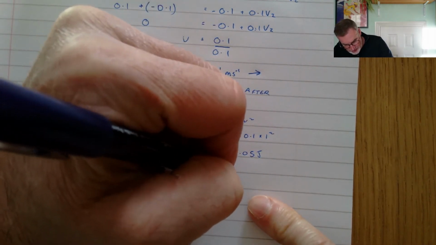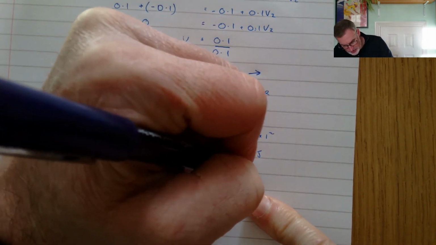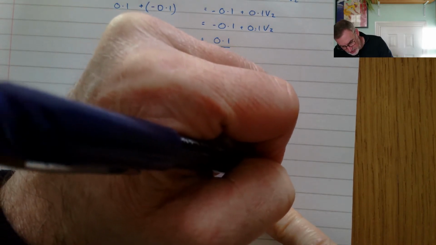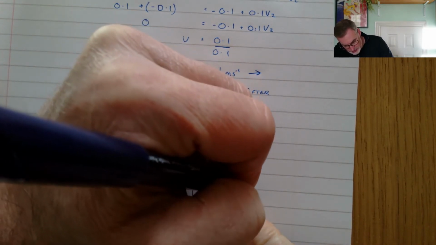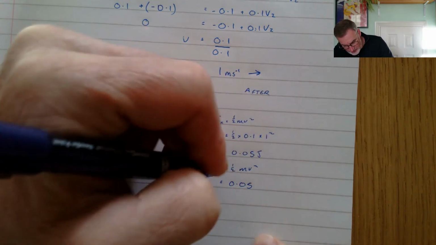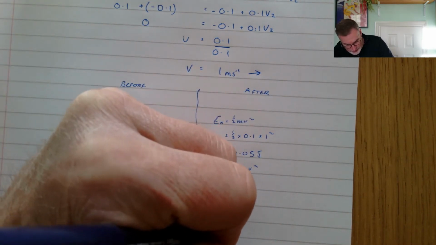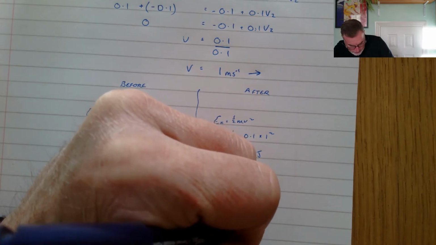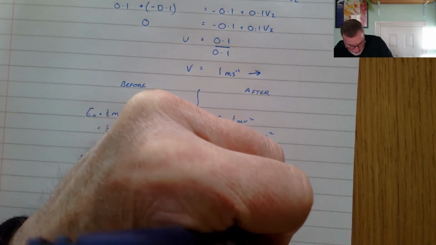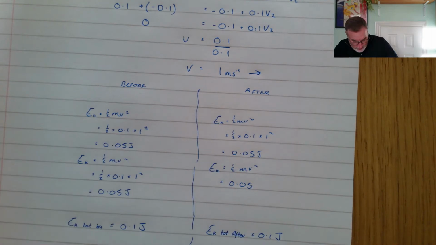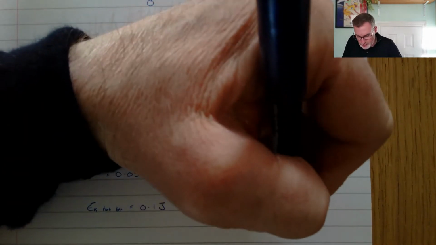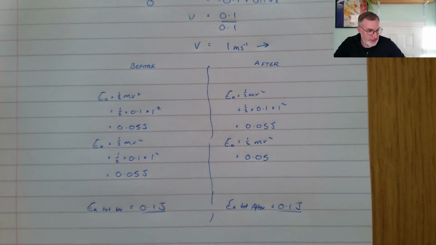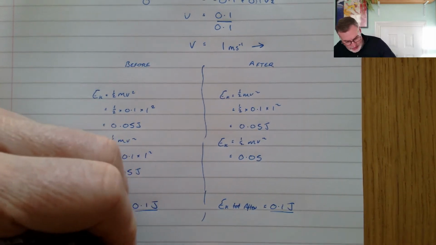EK of the second bit, it can be again 0.05, and then the EK total, 0.1 joules. So kinetic energy before is the same as kinetic energy after.